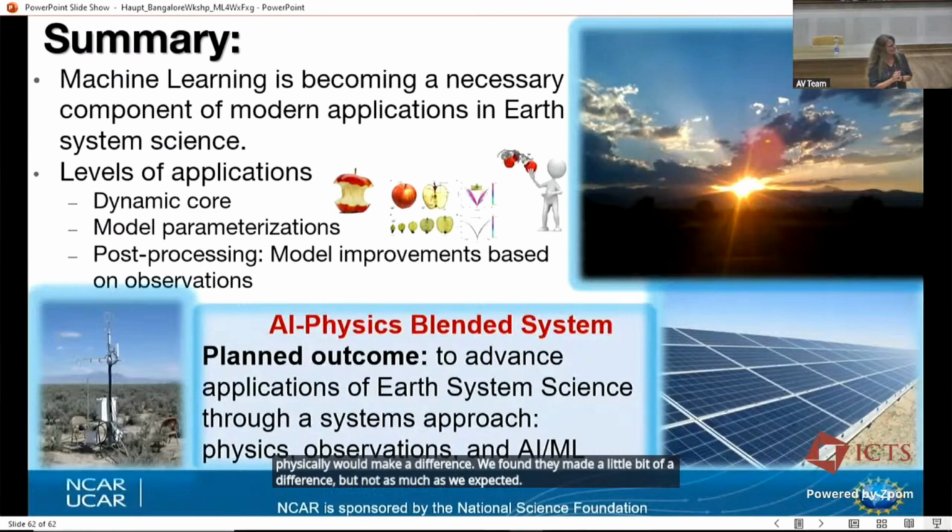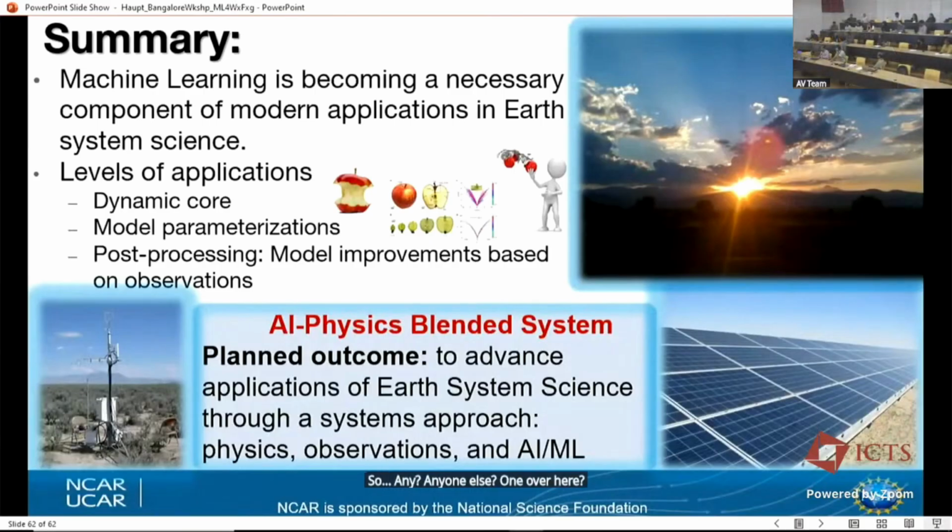Anyone else? One over here. I think we shortly discussed this earlier, but is it really practical when we don't have paired high resolution and coarse resolution images for all these things?